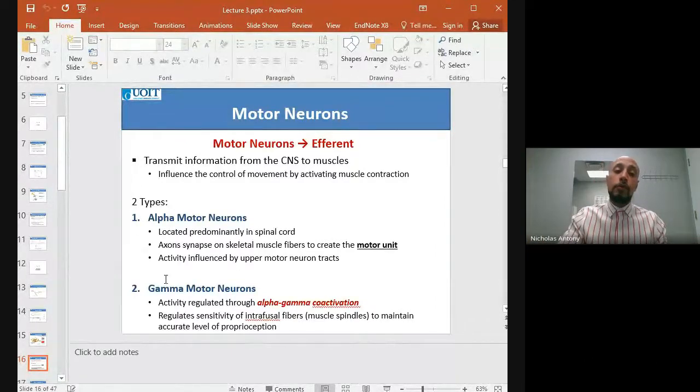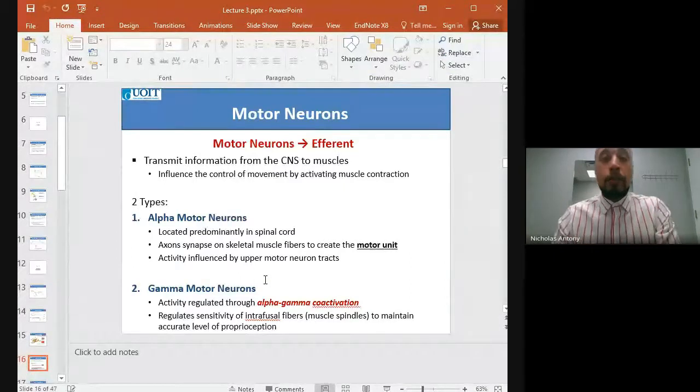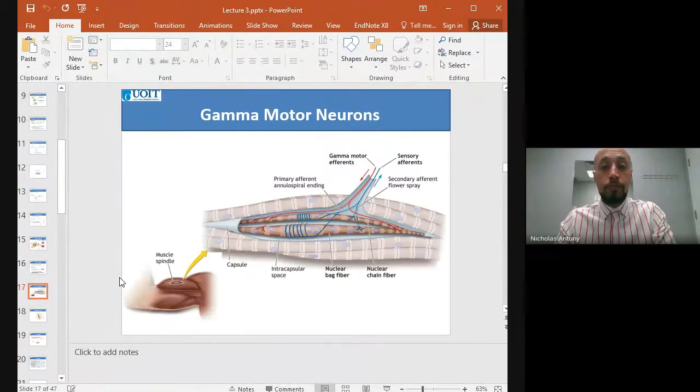The gamma motor neurons are important because they are the motor neurons for proprioceptors in our muscles. So does anyone remember what muscle spindles were? Muscle spindles look like this.